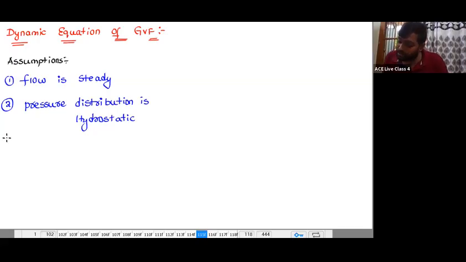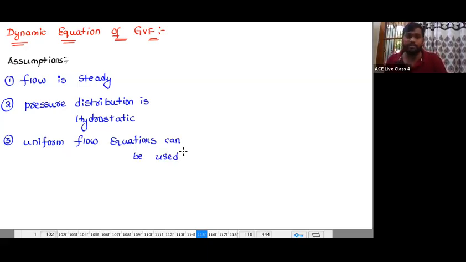And now the third one is the most important one: uniform flow equations can be used. So what is the uniform flow equation, sir?